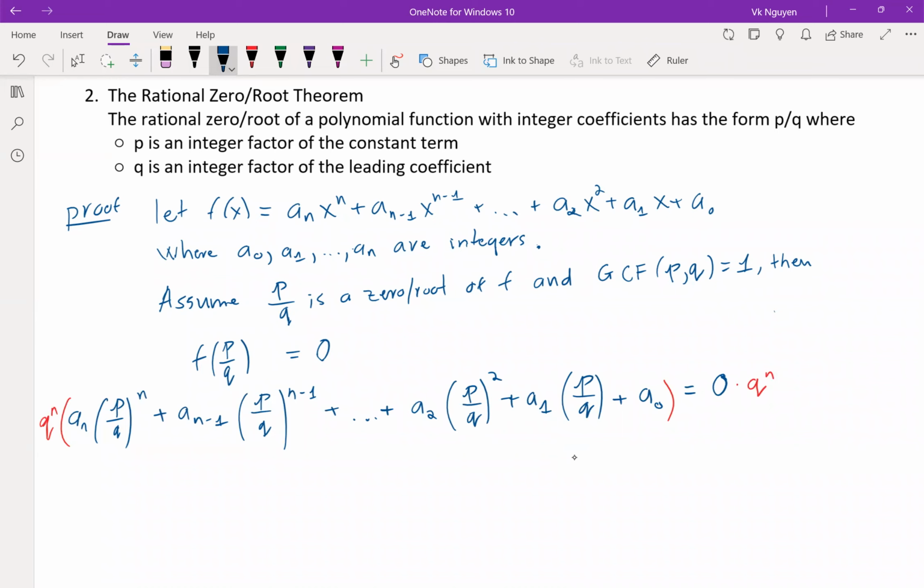Do this, and we have a sub n p to the n plus a sub n minus 1 p to the n minus 1 q plus ... plus a sub 2 p squared q to the n minus 2 plus a sub 1 p q to the n minus 1 plus a sub 0 q to the n equal to 0.